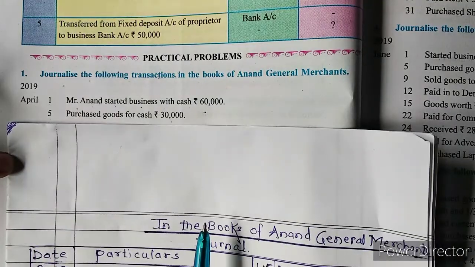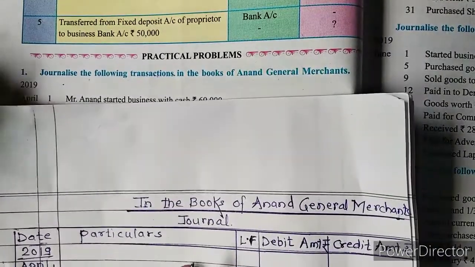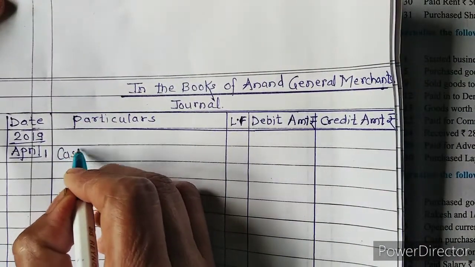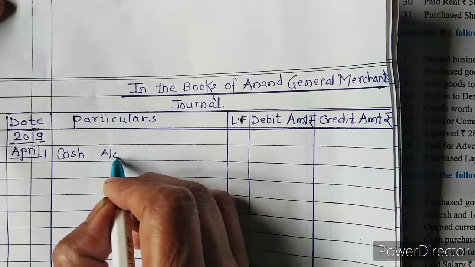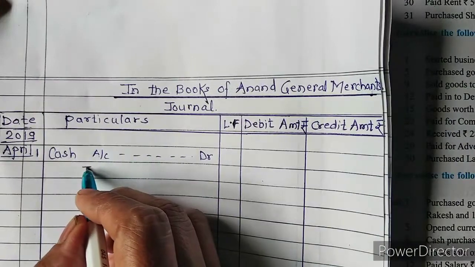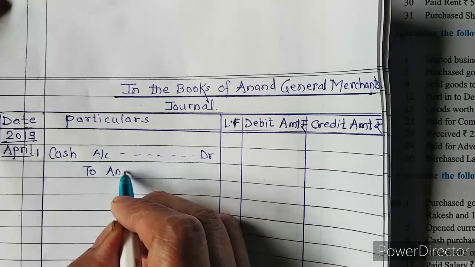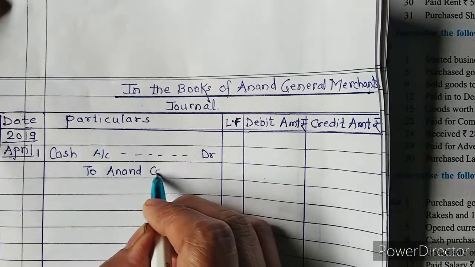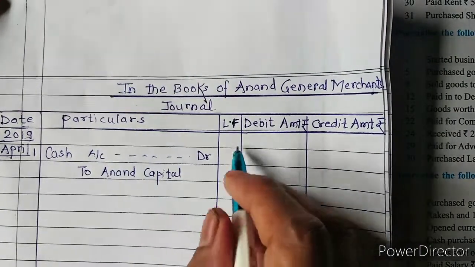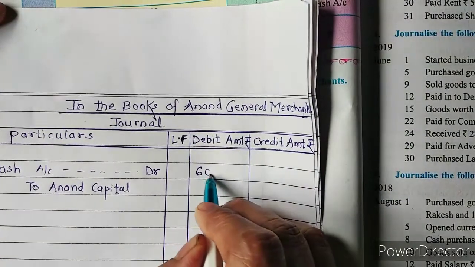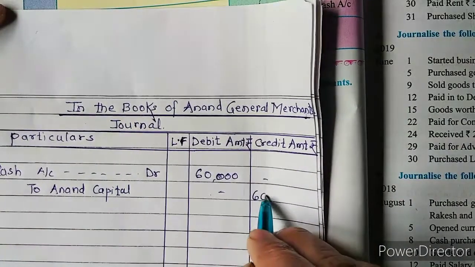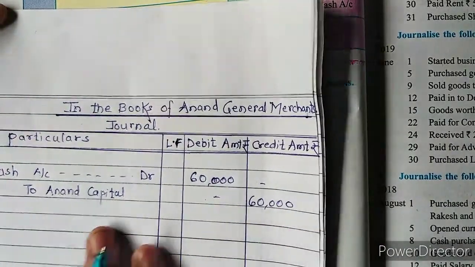Now cash comes in, so your first entry will be cash account debit to Anand's capital account. He has brought the capital, so Anand's capital account, 60,000 and credit 60,000.